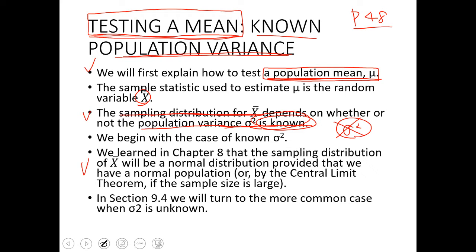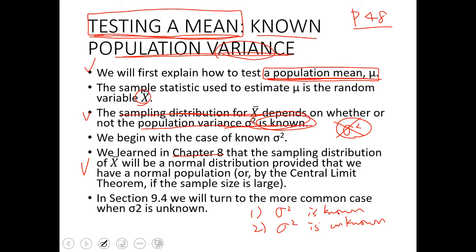We've studied this in chapter 8, also two cases. First, the population standard deviation or population variance is known, or the population standard deviation is unknown.